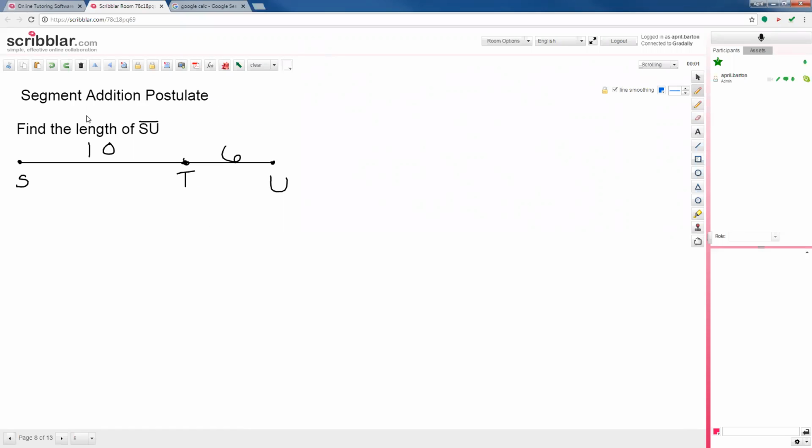So segment addition, it's basically just addition or subtraction, at least when there's no variables involved. Kind of depends on what they give you. So segment addition, they'll take a line segment and they will be split into some pieces. And this time we were given 2 pieces and it said find the length from S all the way over to U. They want the entire length.